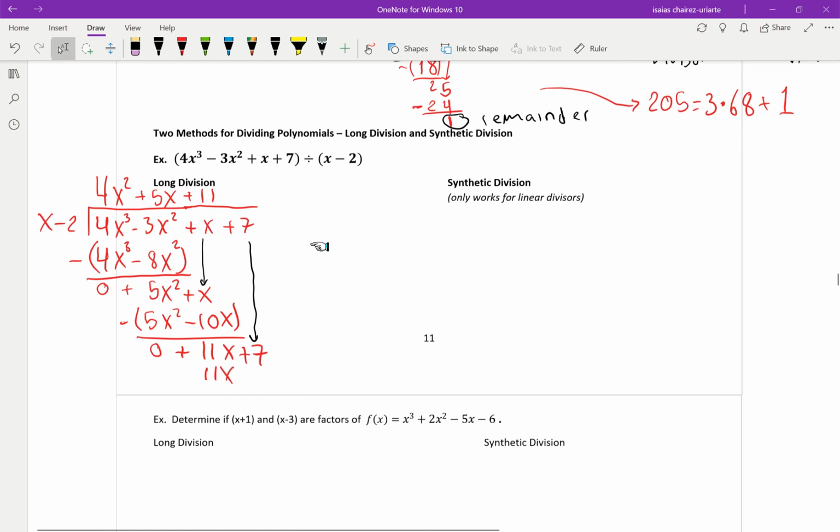And then 11 times negative 2, that would be negative 22. Okay, and I'm going to do minus right there. Let's see what we get as our remainder. So 11x minus 11x, that's 0. And then 7 minus negative 22, that's the same thing as saying 7 plus 22. So that would be 29.